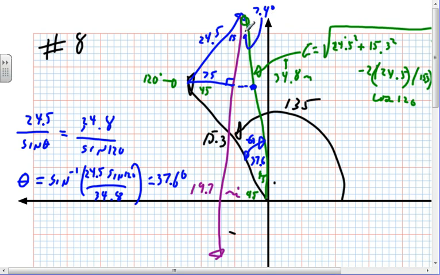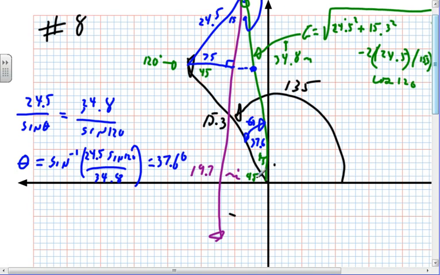Okay, now I know that angle, this angle, that side. Now I can get the other side, law of sines. Wait a minute. No, I'm not done yet.